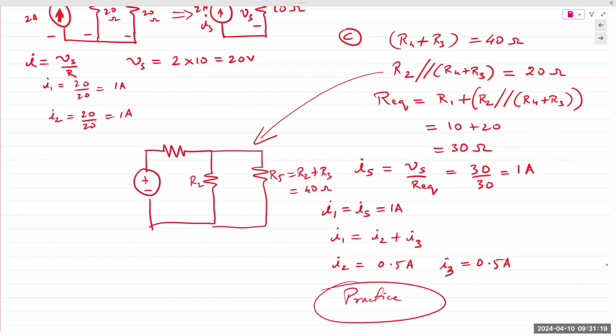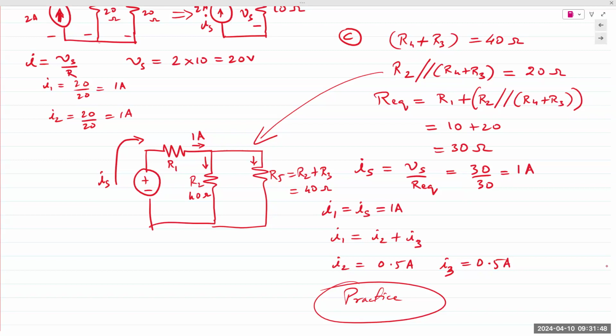IS is coming from the source, goes through R1, and then it splits in two. So 1 amp coming in the junction and splitting into two, and it's an equal split, 40 and 40. And that's how we can know it's 0.5 and 0.5.